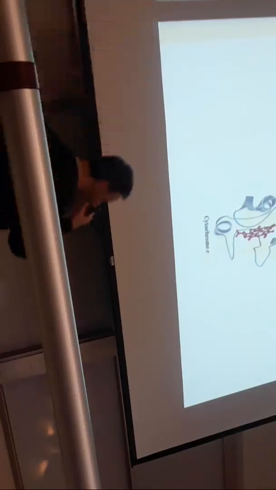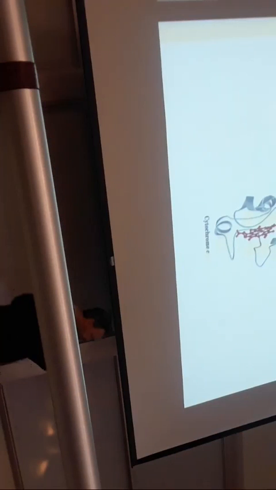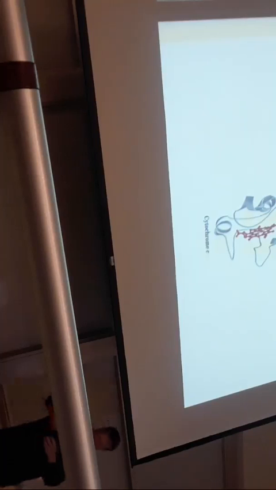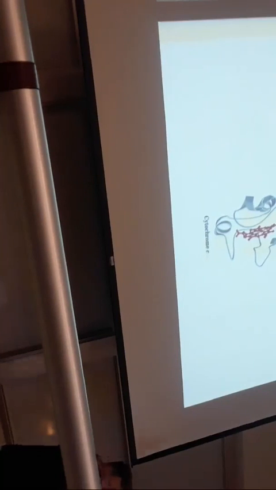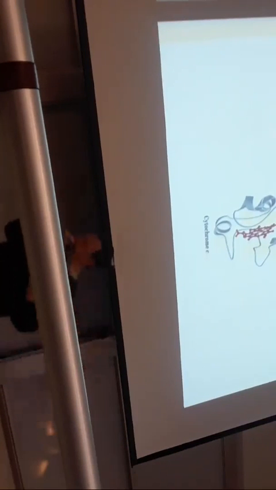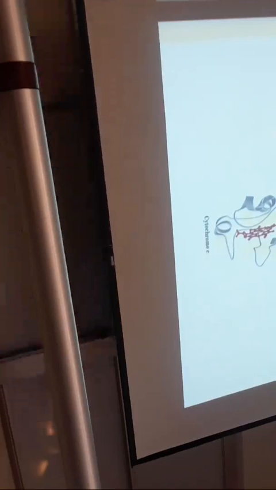Here are 2 representations of cytochrome C. Again, this is the second mobile electron carrier. On top is the surface representation, which also shows where the heme prosthetic group is located, and a ribbon diagram at the bottom.